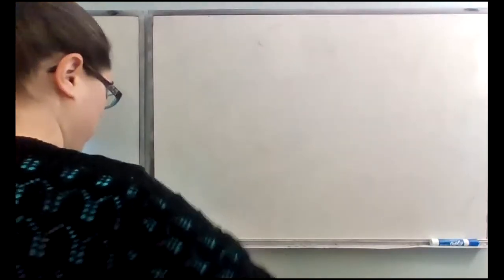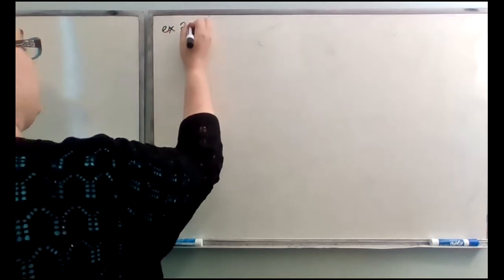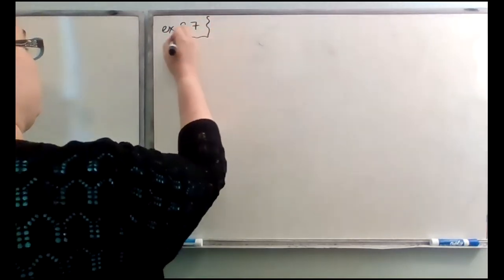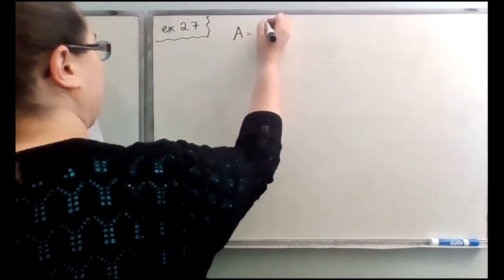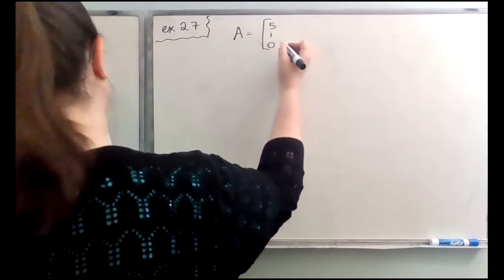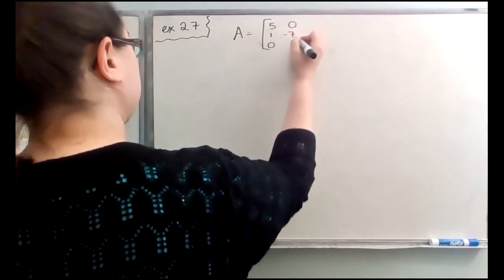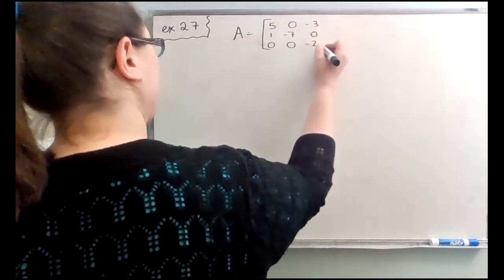All right, so this is example 27. We're going to let A equal a 3 by 3 matrix: 5, 1, 0, 0, negative 7, 0, negative 3, 0, negative 2.